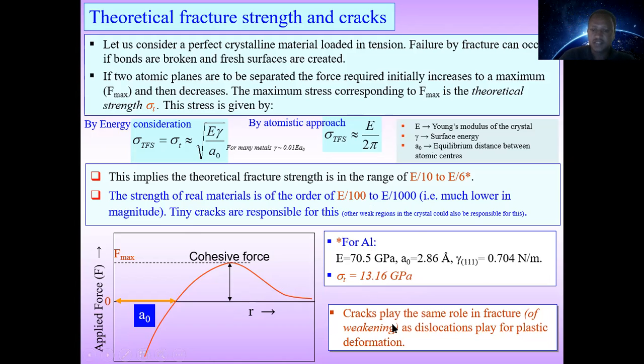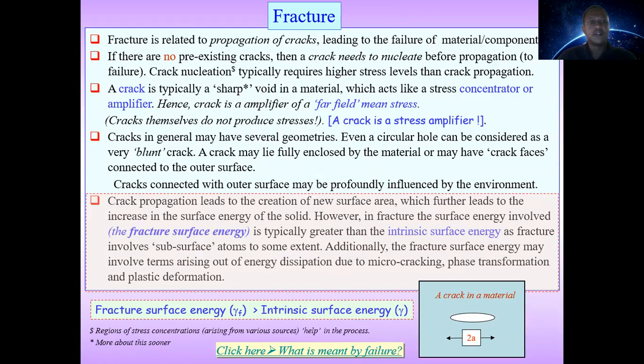Again, a crack plays the same role in the fracture of a material as dislocation plays for plastic deformation. Fracture is related to propagation of cracks. When a crack propagates, it leads to fracture, and it also leads to the failure of material or components.